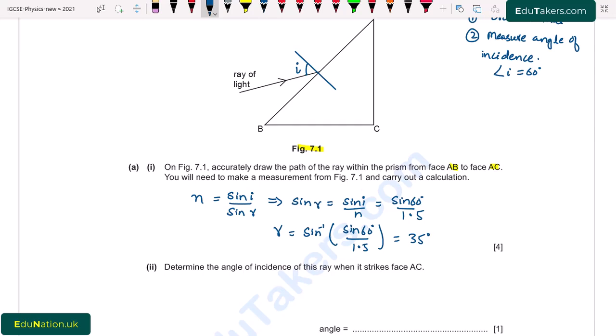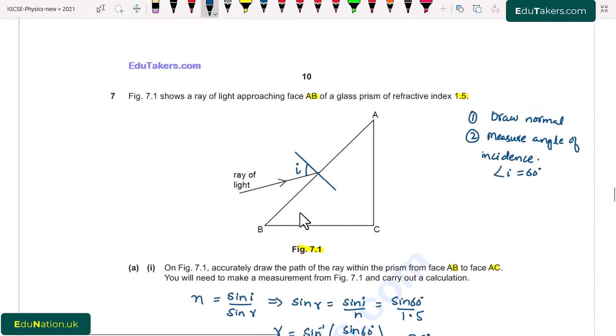So on this diagram we have to measure the position at which the angle is 35 degrees from the normal. If you consider that this angle is 35 degrees, then this ray, that is the ray of light incident, will be refracted inside the prism at this angle.